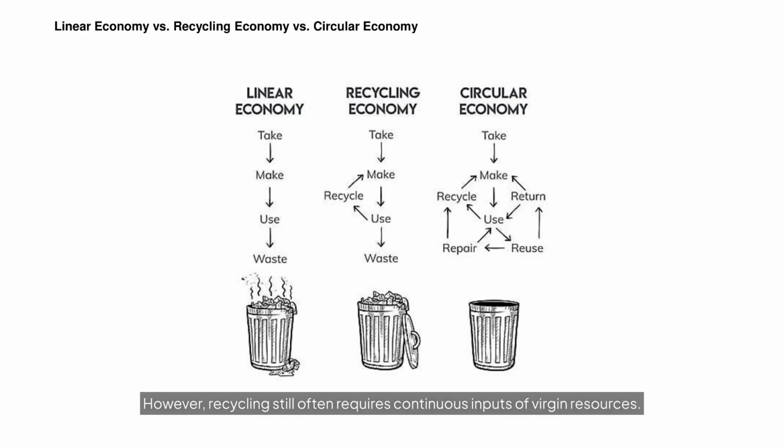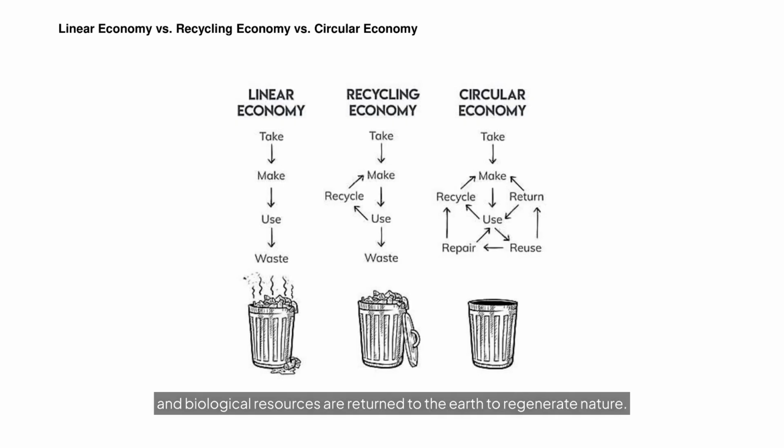However, recycling still often requires continuous inputs of virgin resources. A circular economy, by contrast, aims to close the loop entirely. Materials are kept in circulation through reuse, repair, and recycling, and biological resources are returned to the earth to regenerate nature.